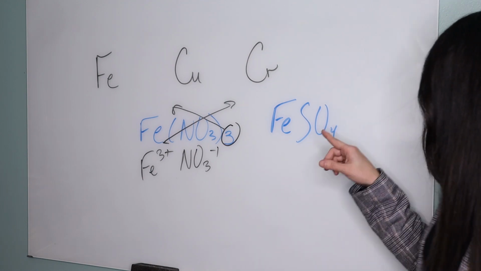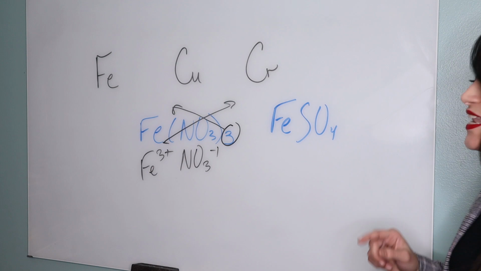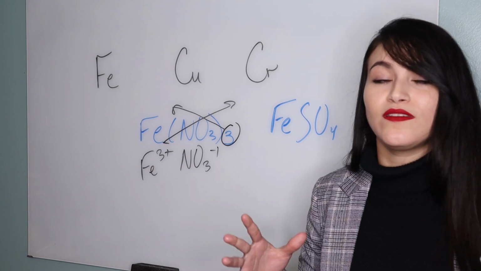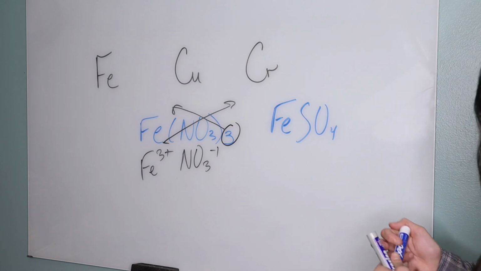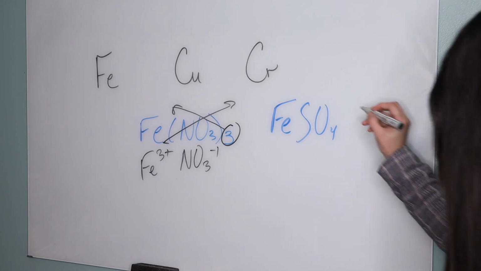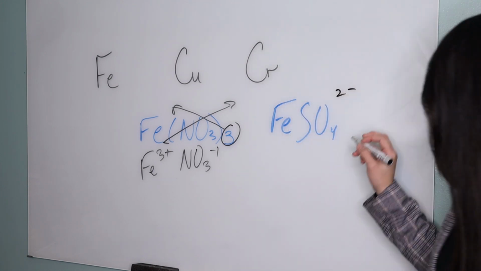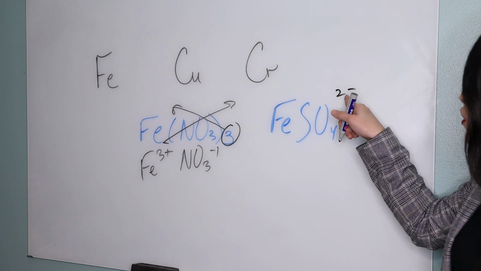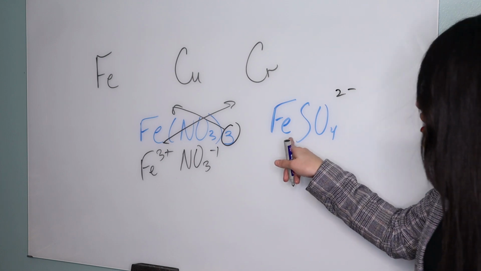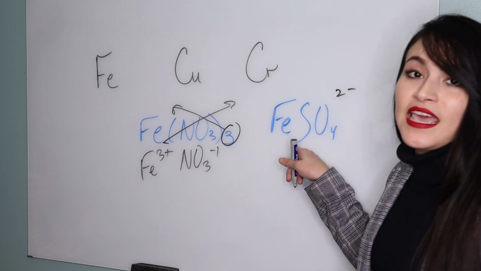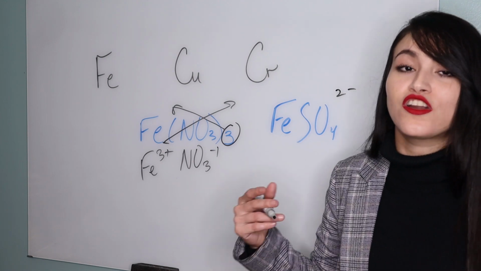You should know that sulfate has a -2 charge. This is one of the polyatomic ions that you were supposed to know. So because sulfate has a -2 charge, technically you will take that and it will go here. Because you're not seeing that 2 here, it means that it must have gotten crossed out.